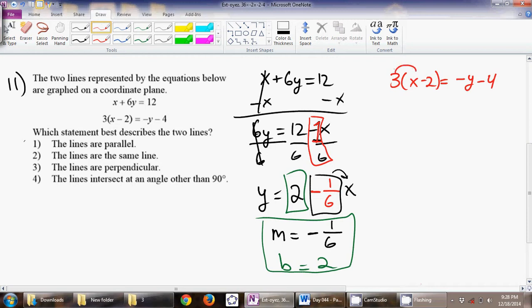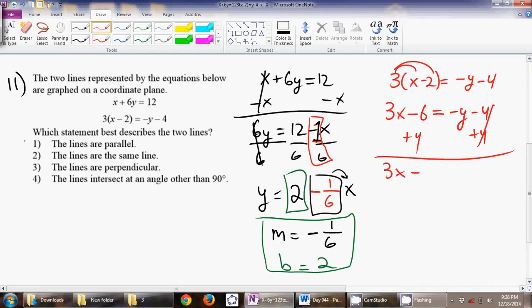And the next one, I'm going to have to do a little bit of math. 3 times x and minus 6, 3 times negative 2. That equals minus y minus 4. Alright, let's add 4 to both sides. Okay, that's 3x minus 2 equals minus y. Well, to get rid of that minus, I have to divide by negative 1. I'm going to do each term divided by minus 1.